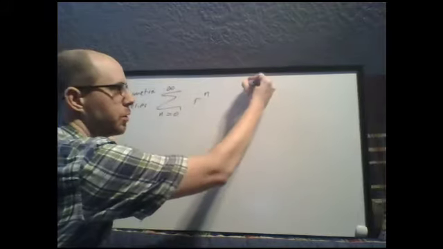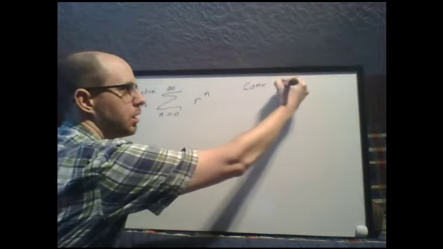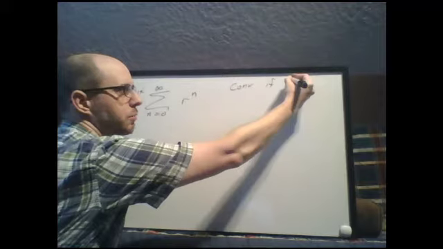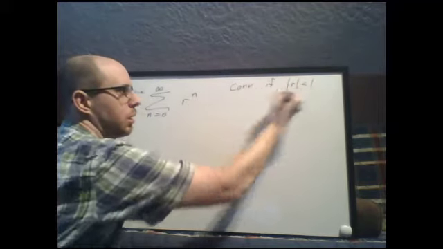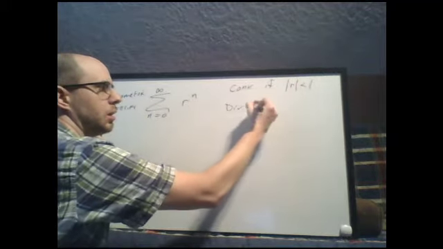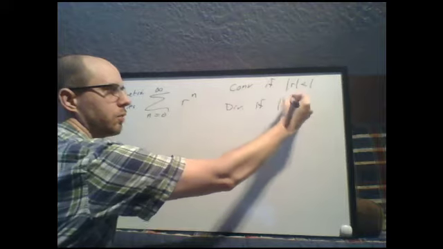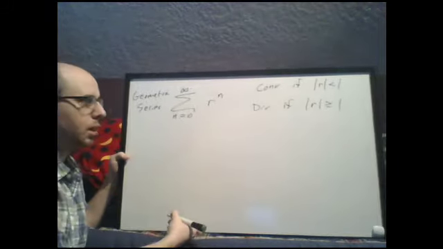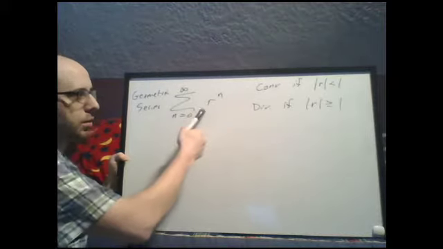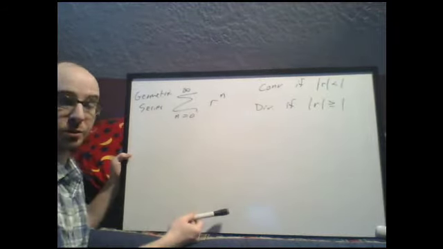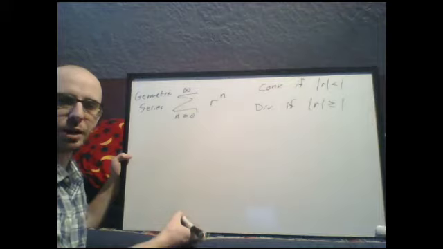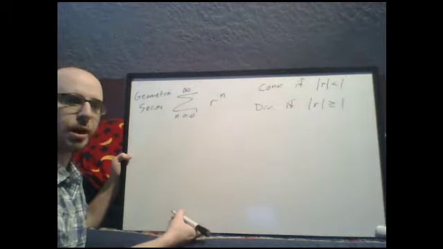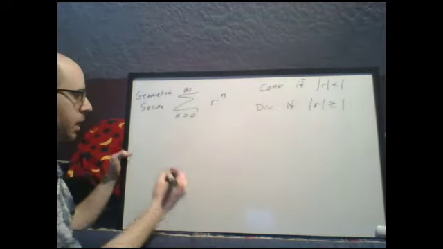And we know these are convergent if the absolute value of r is less than 1, and it's divergent if the absolute value of r is greater than or equal to 1. And for the convergent geometric series, we also know the value of the sum by a formula that we talked about already.